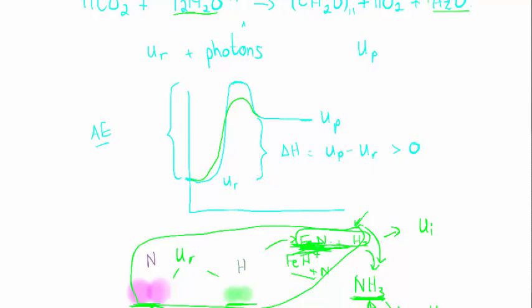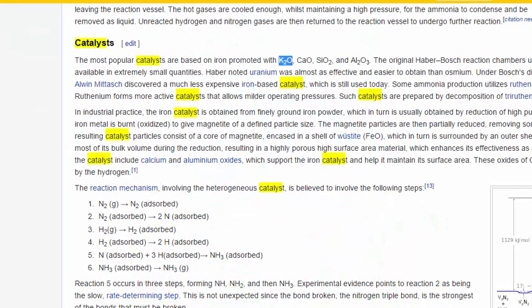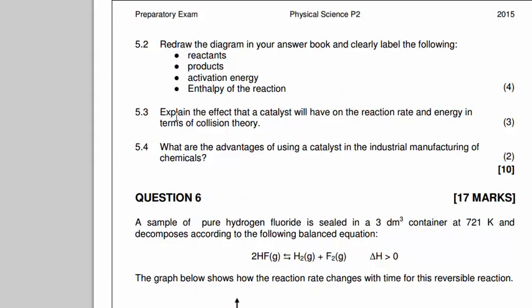Okay, so if we answer the question here in the exam, it asks, explain the effect that a catalyst will have on the reaction rate and energy in terms of collision theory. We'll look at reaction rate just now, but in terms of energy, what would you say? In the words we've been using, what does a catalyst do in terms of the graph?